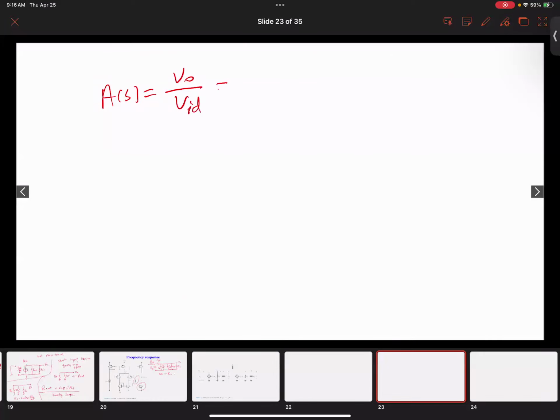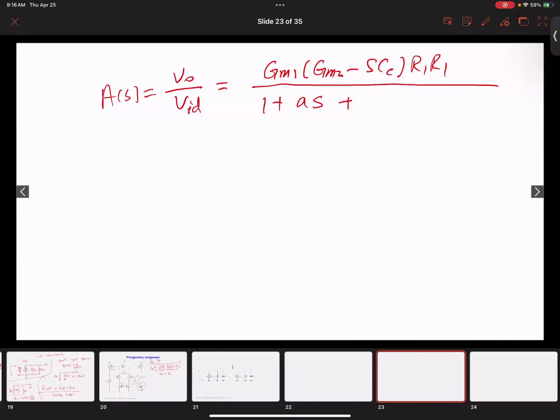This is going to be a very complex equation, but I'm going to write it this way so that you understand better. It's going to be a function of GM1 and GM2 minus SCC times R1, R2 as a numerator, and the denominator has the form of 1 plus AS plus BS squared. Here, A is quite complex.